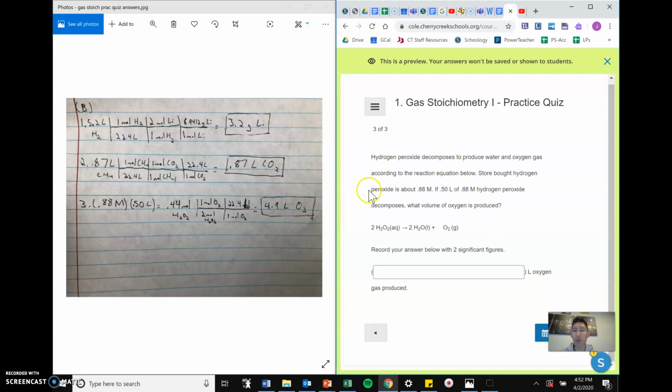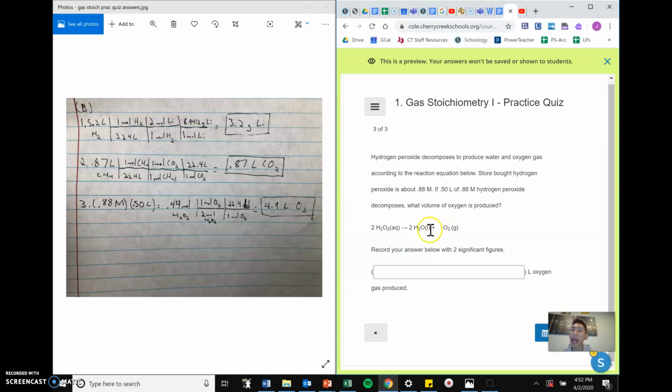For this last one, I have hydrogen peroxide and it decomposes to produce water and oxygen gas. It says store-bought hydrogen peroxide is this concentration, 0.88 molar. Well, if I have 0.50 liters of 0.88 molar hydrogen peroxide and it decomposes, how much oxygen will be produced?